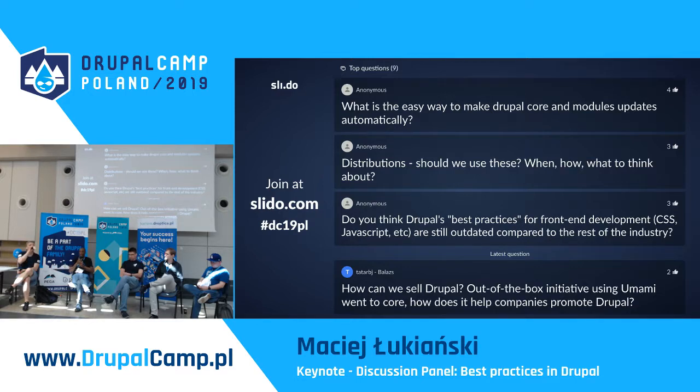So then you cut out the distributions, because sometimes there may be issues with upgrading them, right? Maybe you want to upgrade from 8.3 to 8.7, and somehow, because of the dependencies in the distribution, we are not able to do that easily.